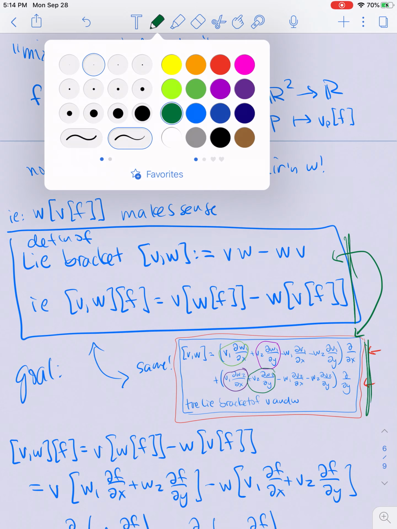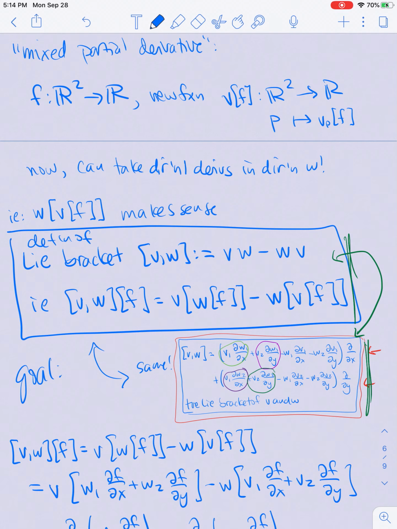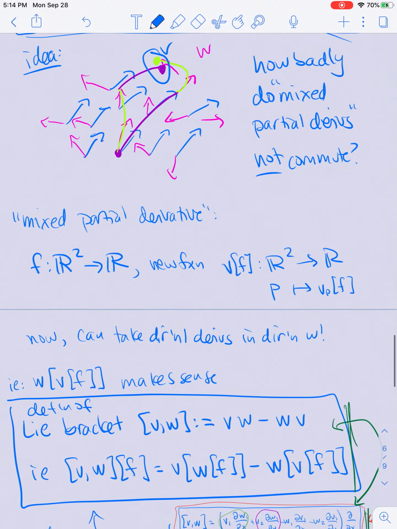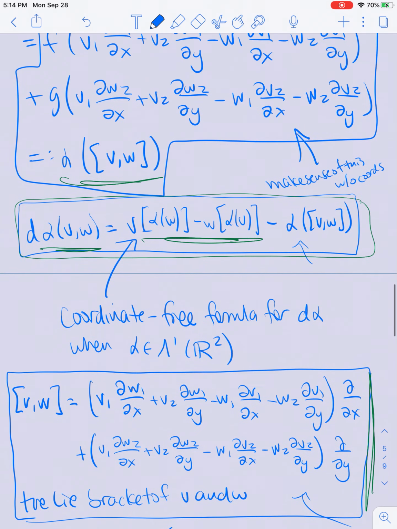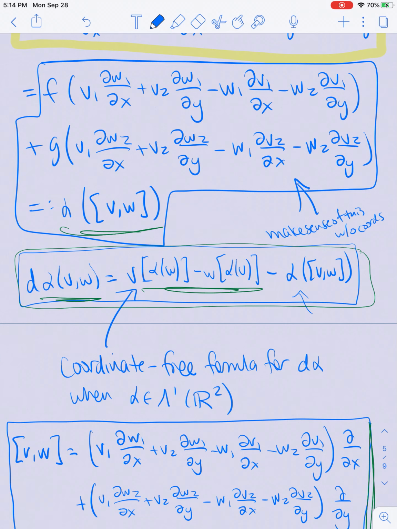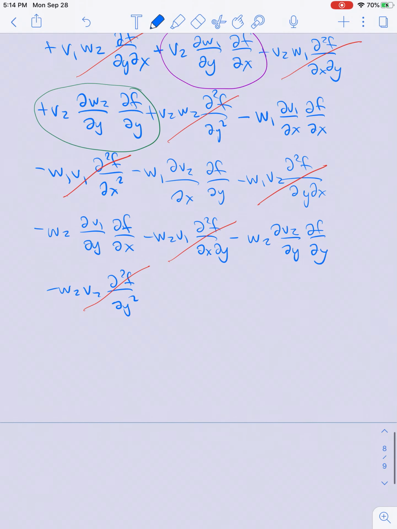So the final thing to do is to show what happens when I'm considering a one-form in general, and higher forms. So in general, this same formula holds. So I'll just rewrite it. So this formula holds more generally.